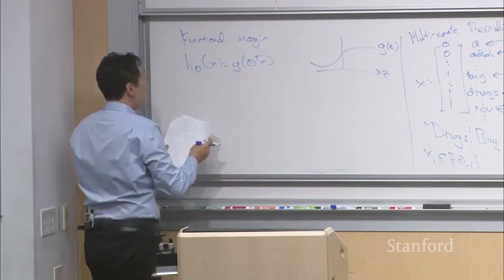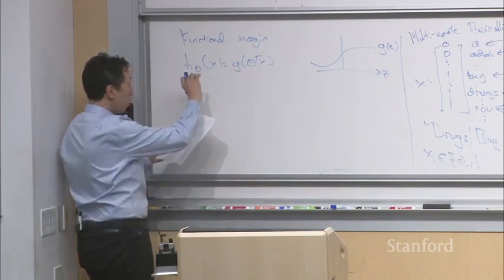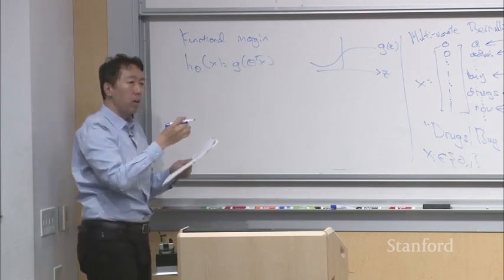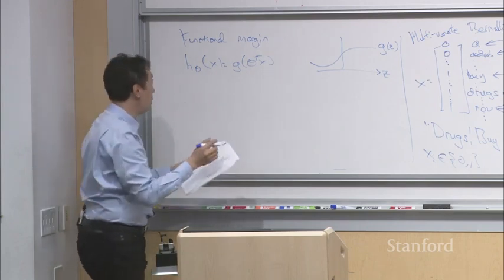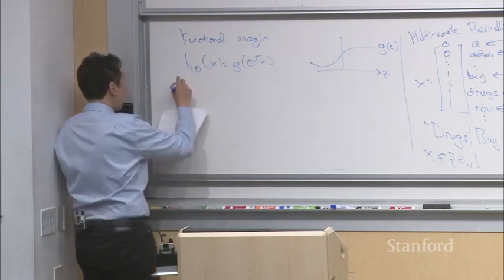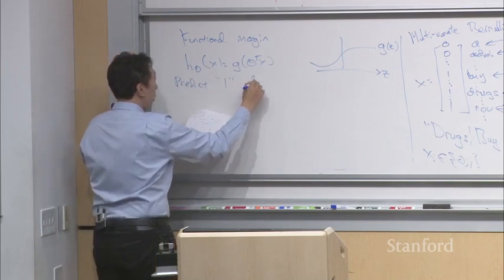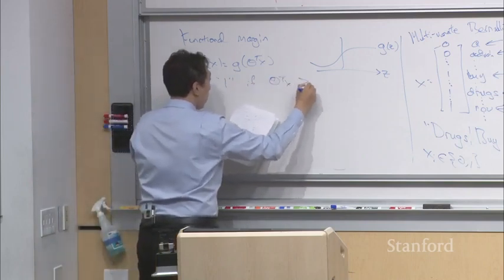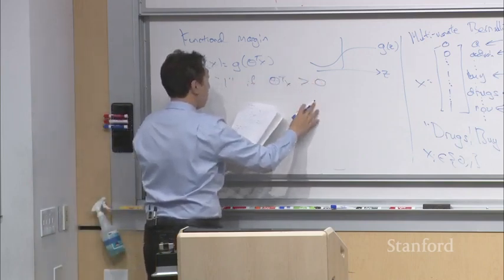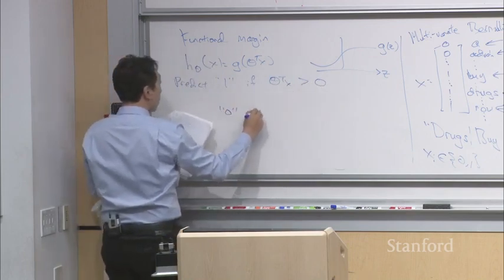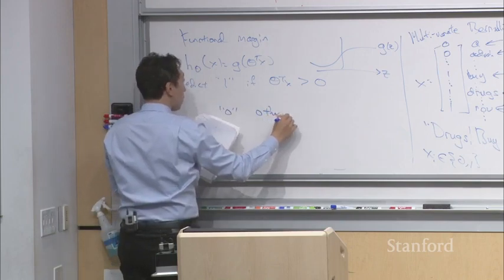If you turn this into a binary classification, if you have this algorithm predict not a probability, but predict 0 or 1, then what this classifier will do is predict 1 if theta transpose x is greater than 0, and predict 0 otherwise.